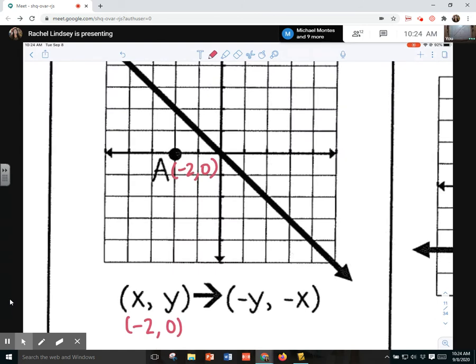So I'm going to switch their order and change both of their signs. My y is going to come first for my new x, and I can't change the sign of a 0 because 0 is neither negative nor positive. And then I have my negative x. A negative times a negative makes a positive, so I'll have positive 2 right there. So I'll be at 0, positive 2 for my A prime.